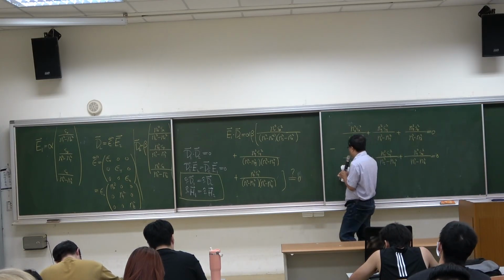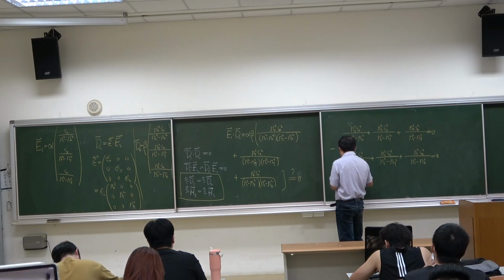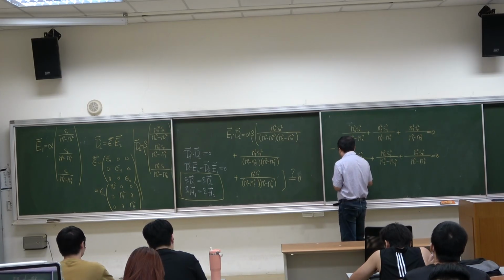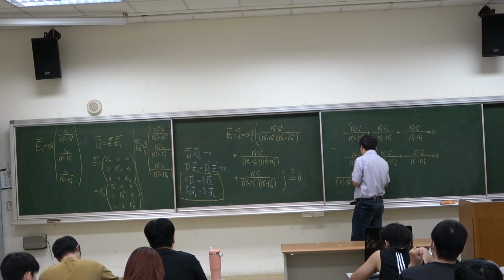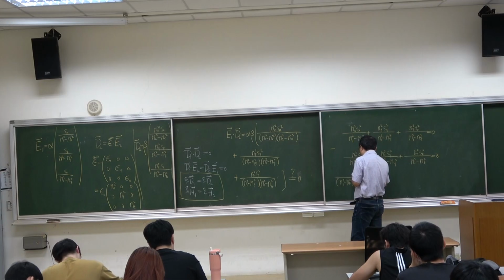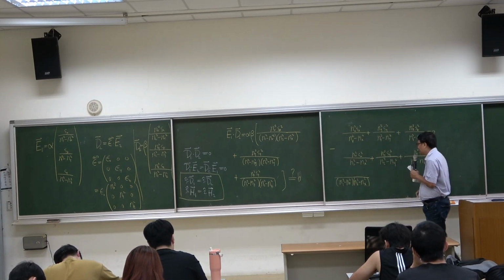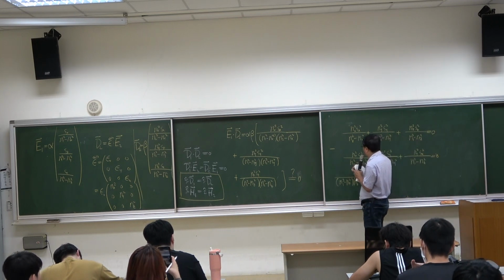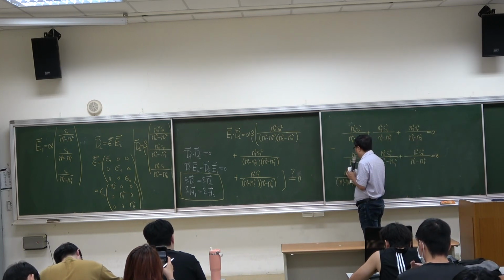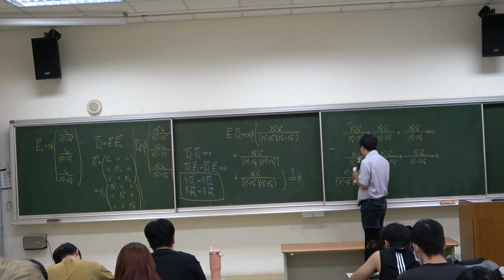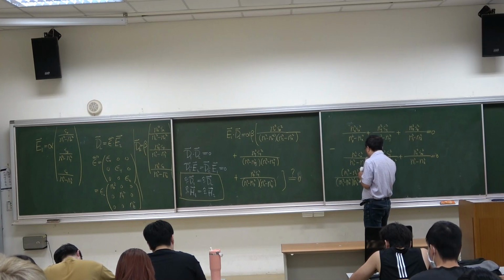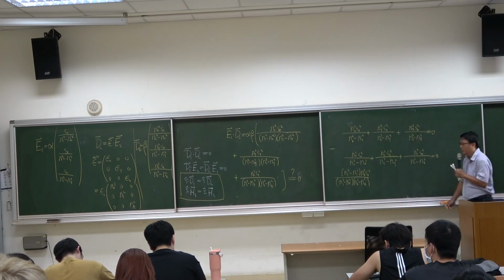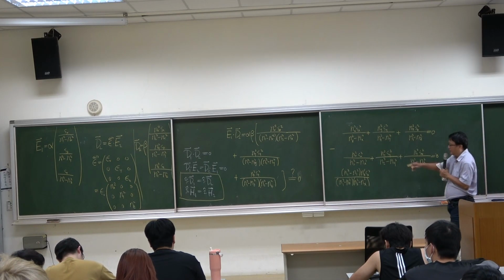You see that we have this: n1 squared minus nx squared times n2 squared minus nx squared, and n2 squared minus n1 squared times nx squared sx squared. Okay? This is the first term.